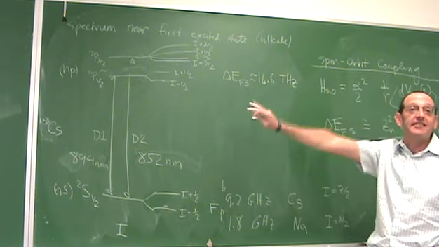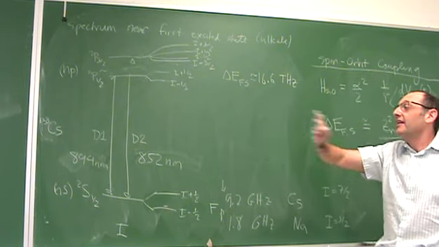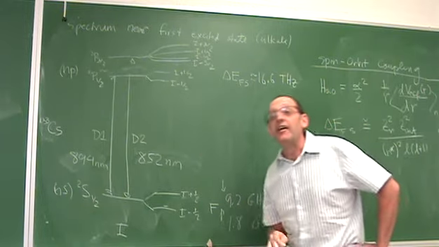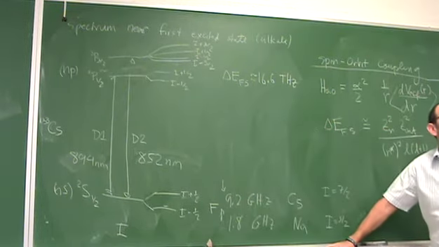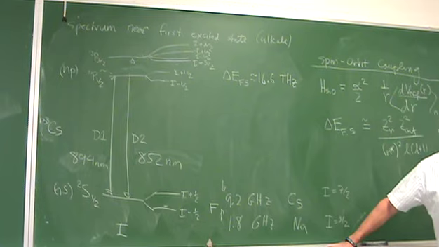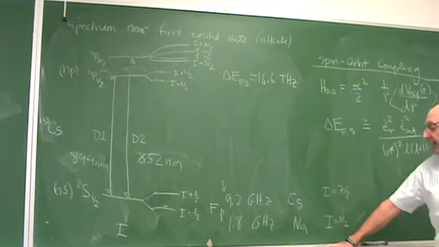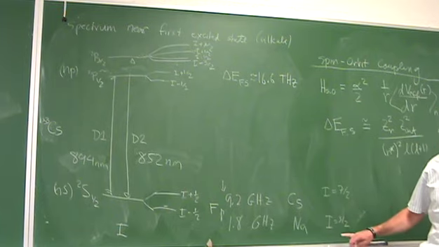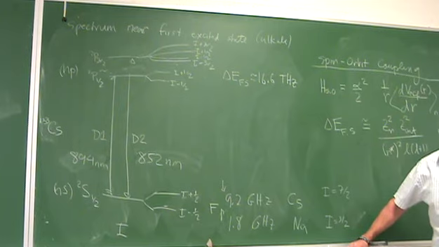Probably one of the most popular atoms these days used in lots of these experiments is rubidium, because it's the easiest atom to make a Bose-Einstein condensate out of. There are 2 different stable isotopes of rubidium, rubidium 85 and rubidium 87, and they have spin 3 halves and spin 5 halves. Why is rubidium so easy?